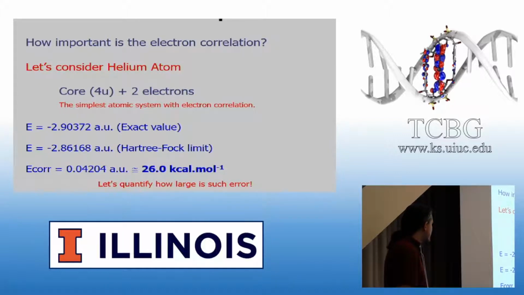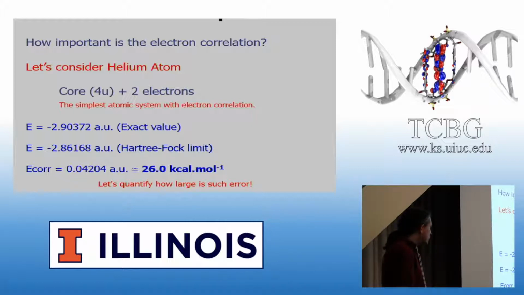The exact value for the energy is this number in atomic units, Hartree. And the Hartree-Fock limit, if you consider a big basis set, is this energy here. The difference between both is the correlation energy.